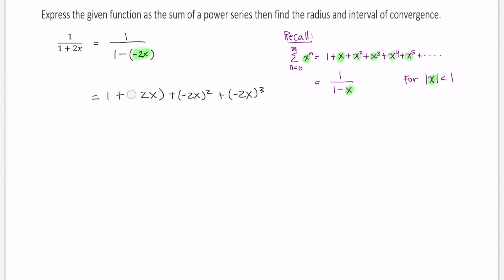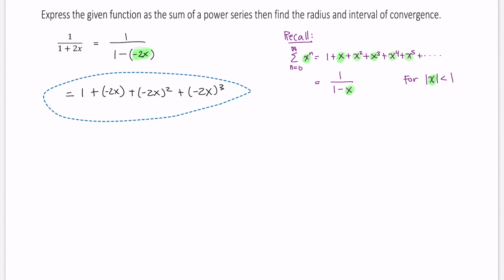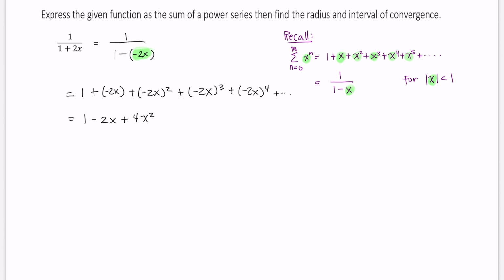I wrote this one too big, so let me erase it and make it smaller. There we are, so I can fit more in. Plus negative 2x to the fourth. So this is 1 minus 2x plus 4x squared minus 8x cubed plus 16x to the fourth, and so on. Now, what is this going to equal?